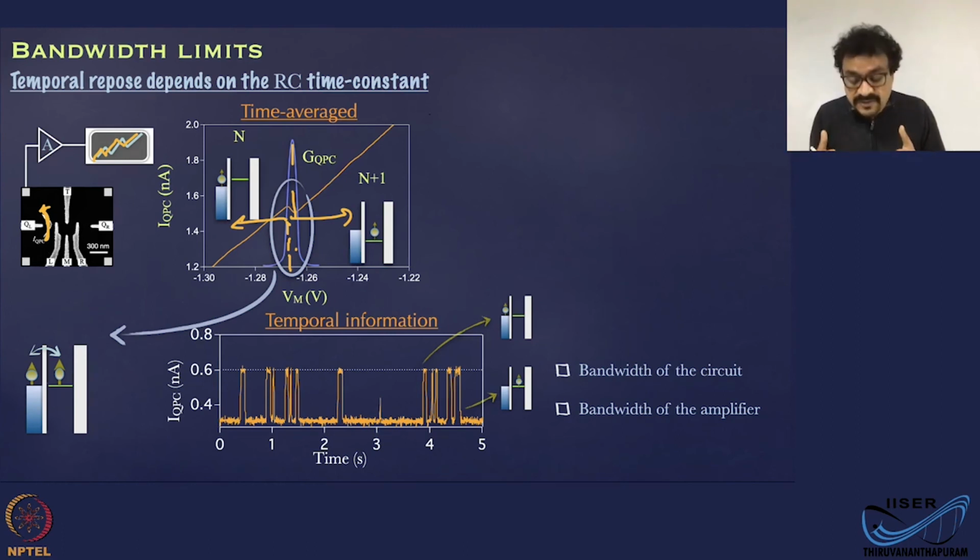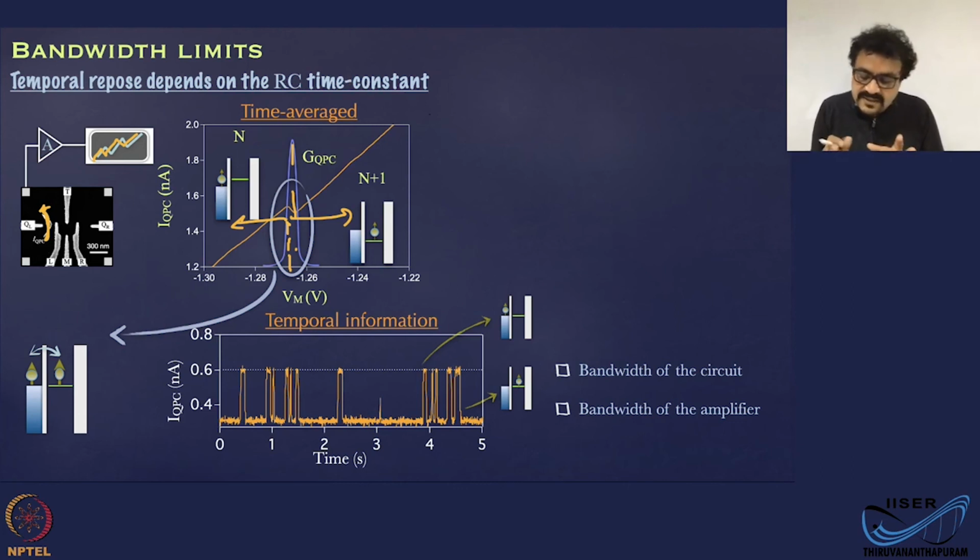You are also interested in the lifetimes, and all the other aspects of these electron states, none of which are available when you do this measurement. So, of course, again, there are limitations on how fast you can do this measurement. Okay, those are decided by the RC time constant of the measurement circuit.